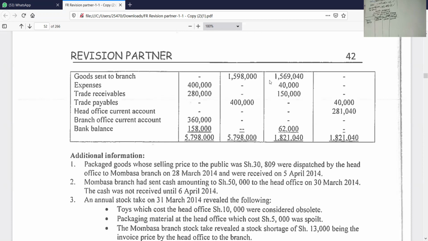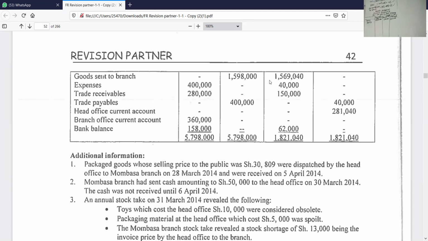Like now, if you go to note 1, we have some packaged goods whose selling price to the public is 3,809. First, you have to determine where these goods were coming from. They are being dispatched by the head office to the branch, but instead of being received by the end of the year, they were received on 5th April, which is after the end of the year.